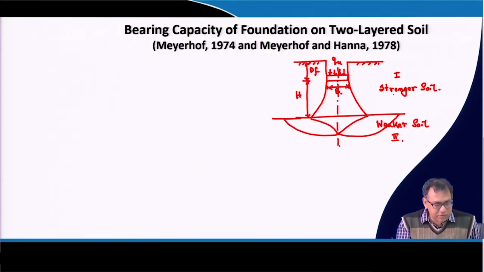So, now here the stronger layer has this unit weight, phi value and the C value. This is phi 1, C 1 and gamma 1, and the weaker layer gamma 2, phi 2 and C 2. Gamma, phi, C are the unit weight, friction angle and cohesion respectively. So, now how can it be calculated?